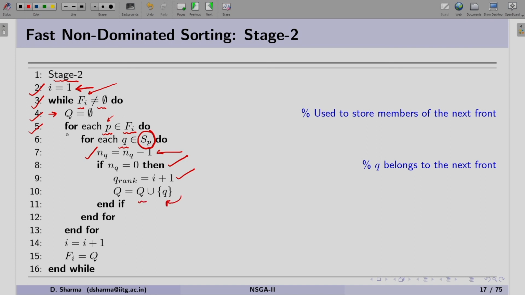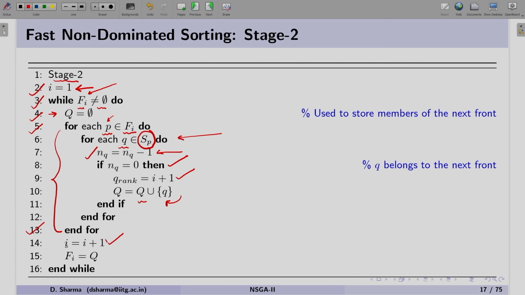This process will be repeated till step number 13, and thereafter we have taken all the Q belonging to the SP in step number 6. After finishing this, we increase I equals to I plus 1, meaning that we will be looking for front 2 now.